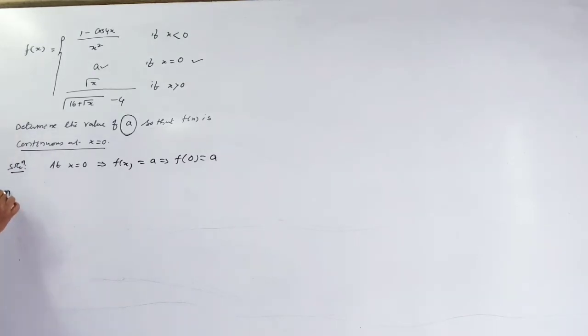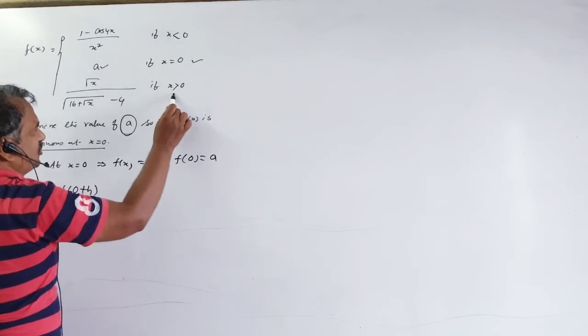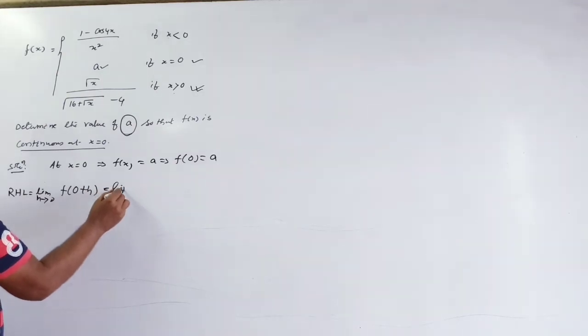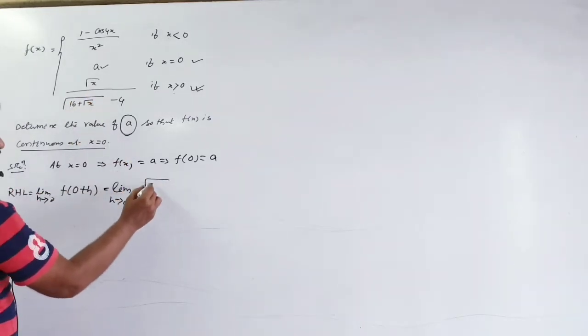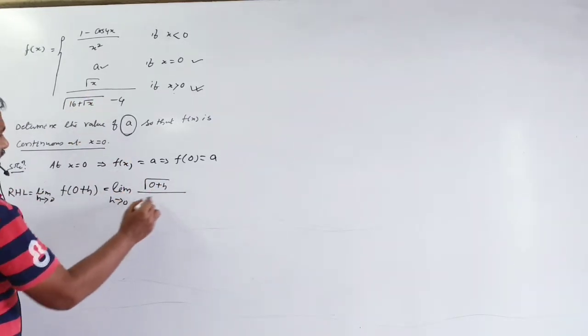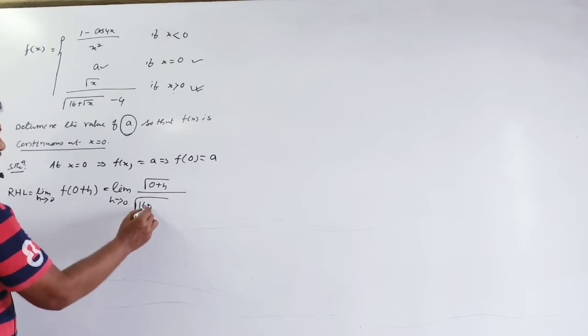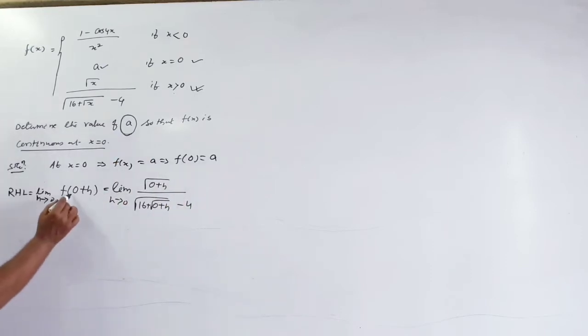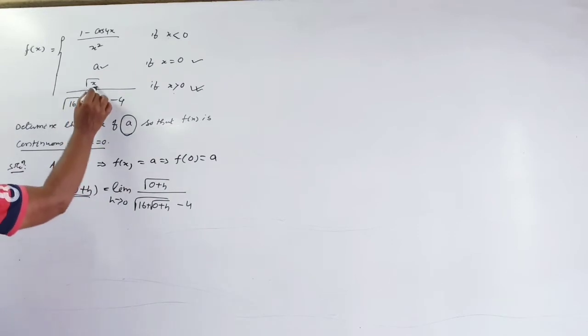Now write the right hand limit: the limit as x tends to 0 of f of 0 plus h. Here 0 plus h is greater than 0, so we use this one. The right hand limit equals the limit as x tends to 0 of root x divided by root of 16 plus x minus 4. Instead of x, write 0 plus x.